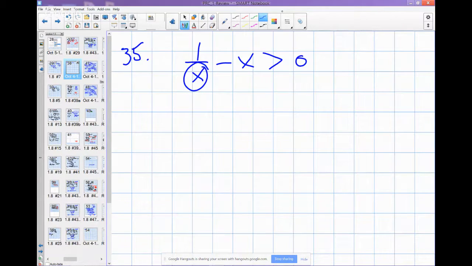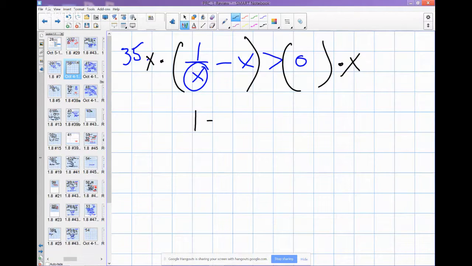So if I change to black here, we want to take both sides and multiply by x. On the left side, that'll give you 1 minus x squared. And on the right side, it'll still be a 0. Now the problem is, we don't know.